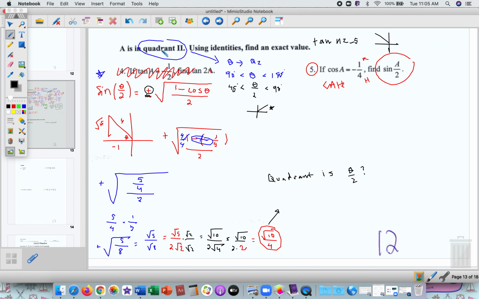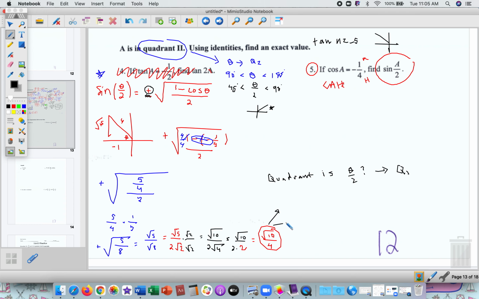You look at your original problem. In your original problem, theta is between 90 and 180 if it's in quadrant 2. Then if you're finding theta over 2, you just divide those values in half, and theta over 2 is between 45 and 90, which is in quadrant 1. So theta over 2 is in quadrant 1.